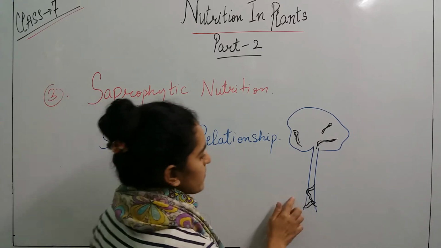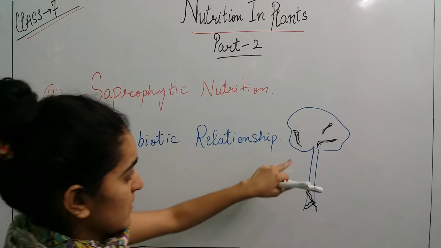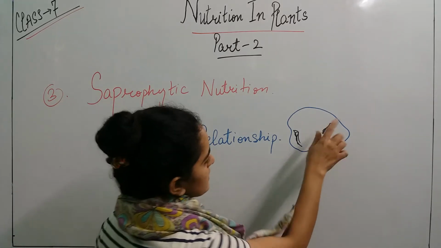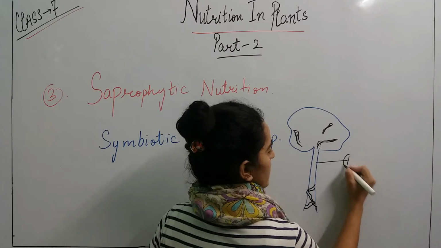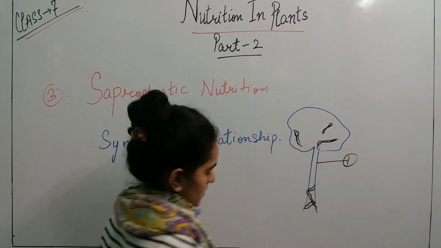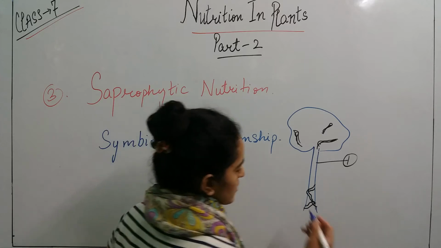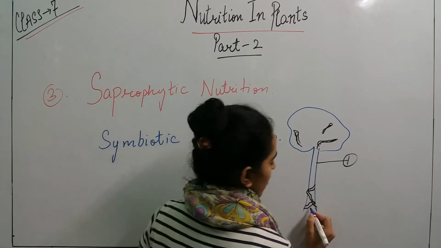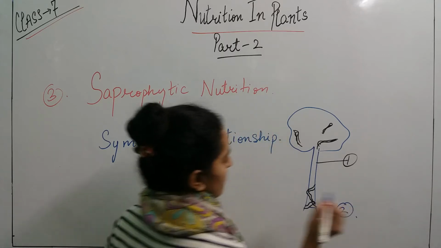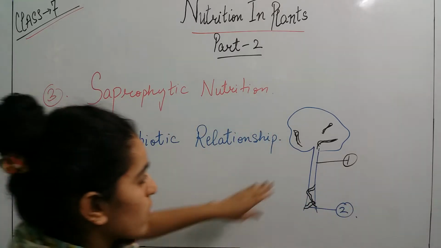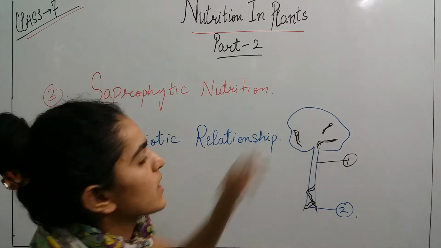This tree is organism number 1, and the tubular structure overlapping on its branches and trunk is organism number 2. So these both are in symbiotic relationship.